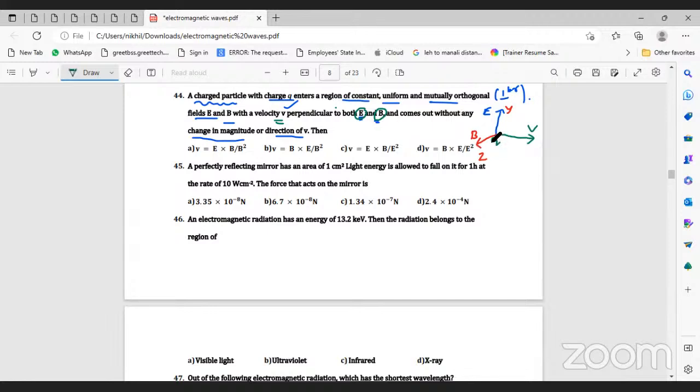Now, this charged particle will experience two forces. One force is due to electric field, and the other force is due to magnetic field.